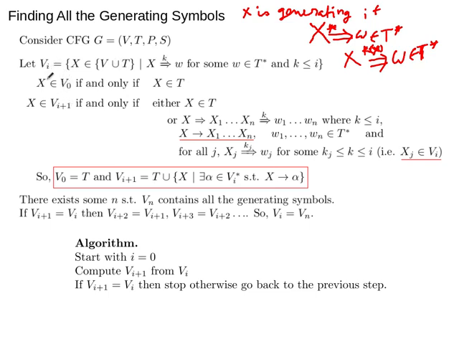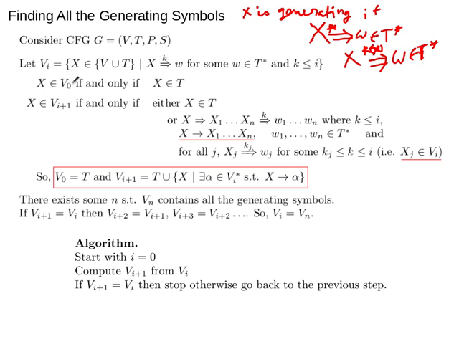So now we will finally compute this Vn starting from V0. The algorithm is that you start from i equal to 0 and you compute Vi plus 1 from Vi, and you continue until you get this Vn. Now we need a recursive definition. So what is V0 then? V0 means in 0 steps you can derive something over terminals, and in 0 steps means this thing itself has to be a terminal, right?